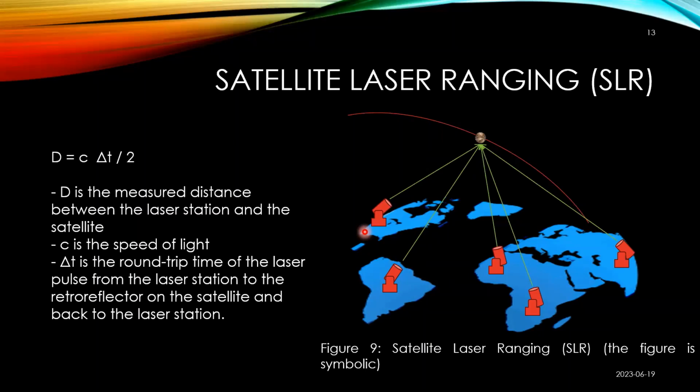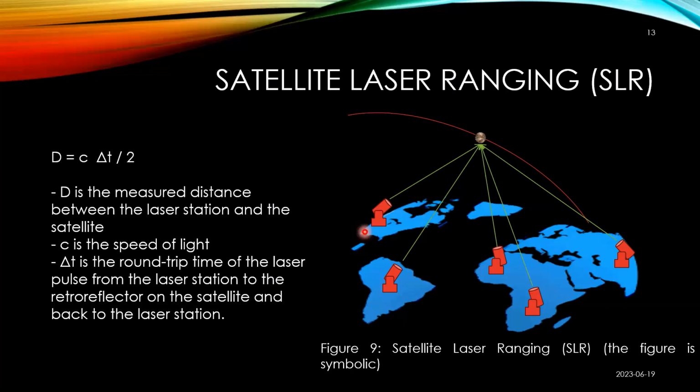Since the speed of light is known, the travel time is determined. When the laser starts to travel to the satellite and comes back, the time is measured. Based on measuring the time and the speed of the laser, we can determine the distance from the satellite to this SLR station.